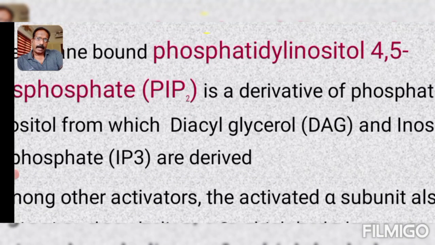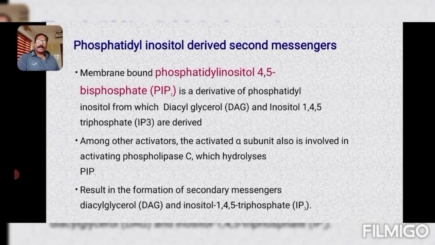PIP2 can give rise to two second messengers. One is diacylglycerol. It is a hydrophobic molecule. It gets attached to the membrane, just as PIP2 also is a membrane-bound second messenger. Just like that, DAG also is a membrane-bound second messenger.